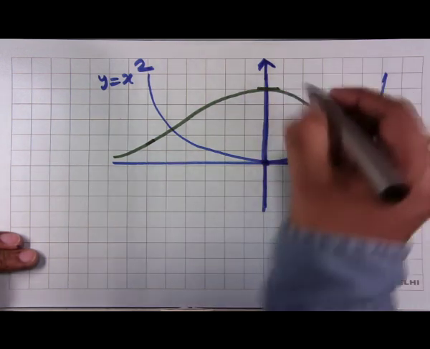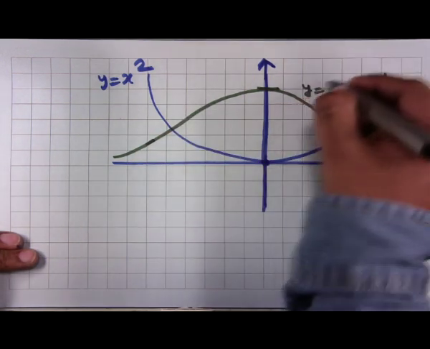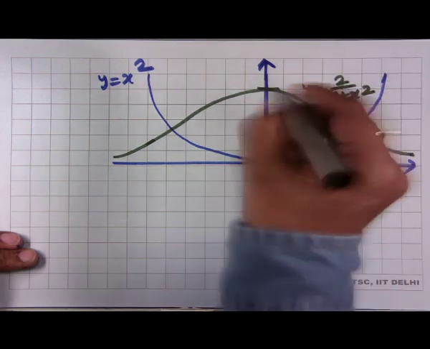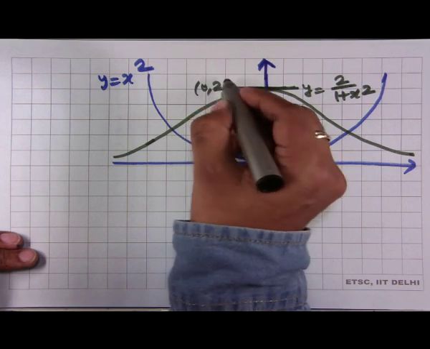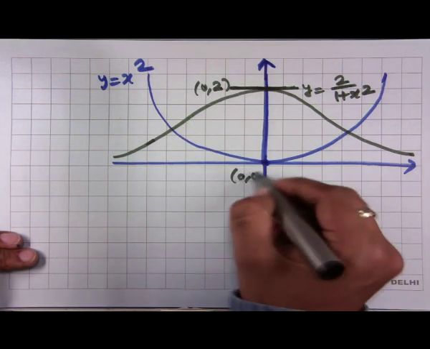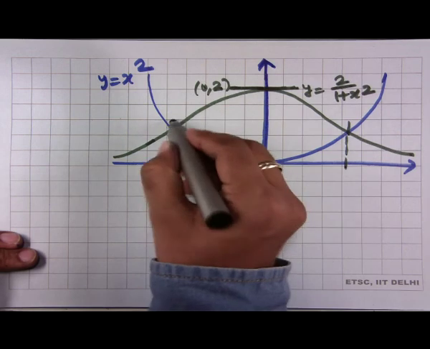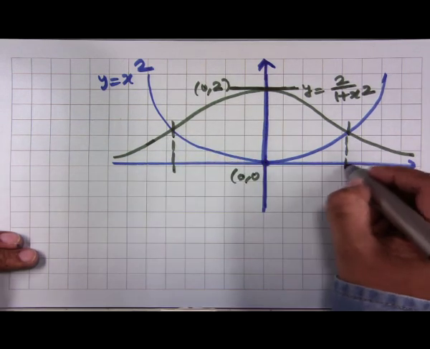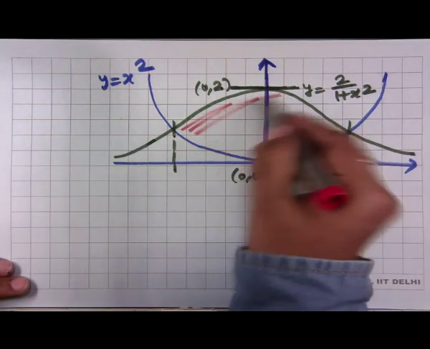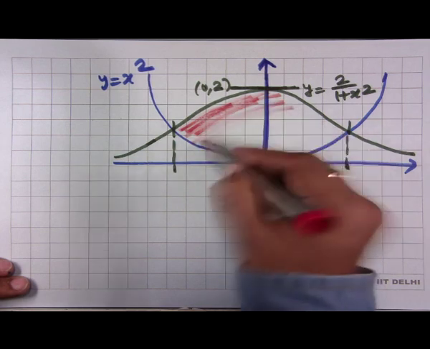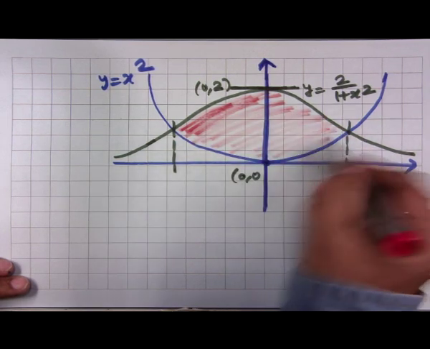This is your y equals to 2 upon 1 plus x square. This point is 0 comma 2, and this is 0 0. We need to find out these points of intersection. So, the area that is required is shaded by red color. We want to find out the area bounded between both the curves.